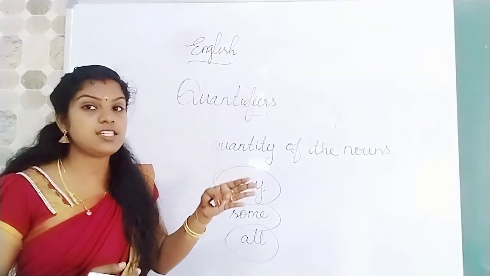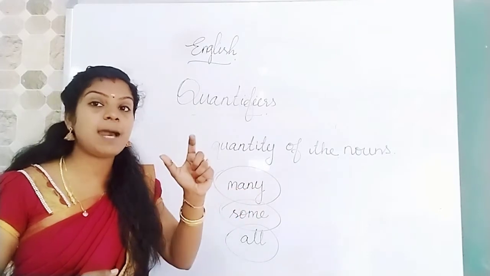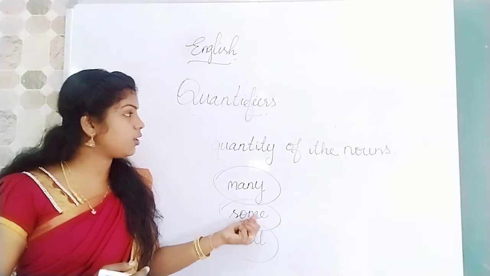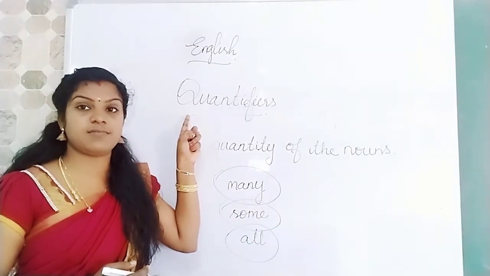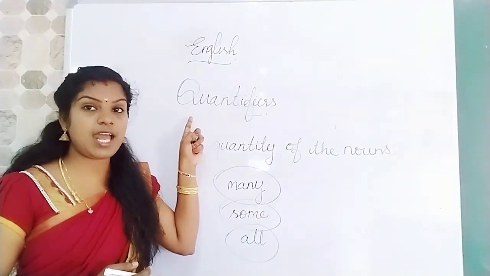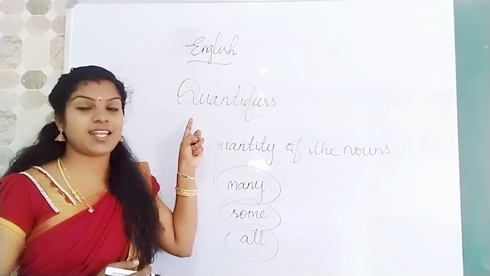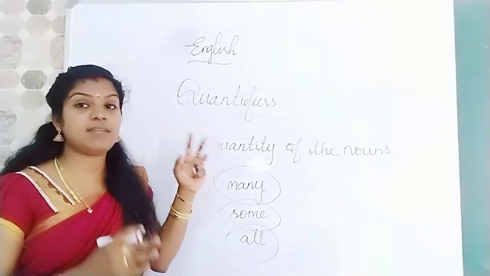How many chocolates do you have? I have some chocolates. So the answer, some, is called a quantifier. Did you understand? Do you have any clarification? Clear? Let's move on to some examples.